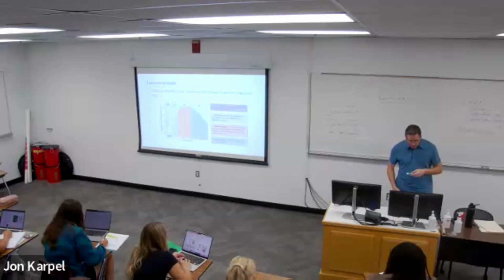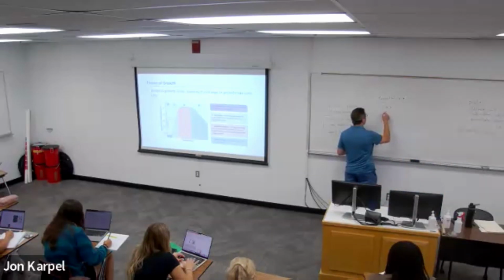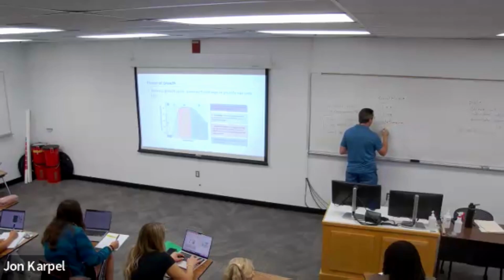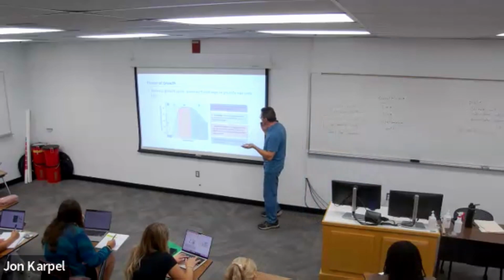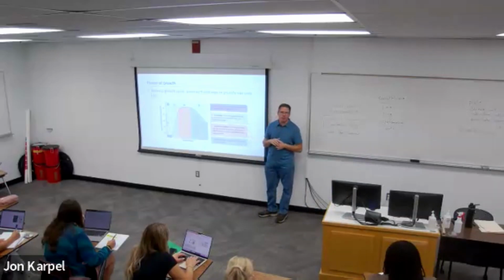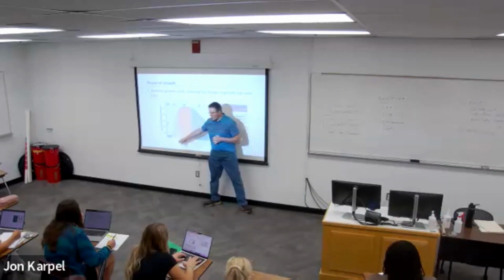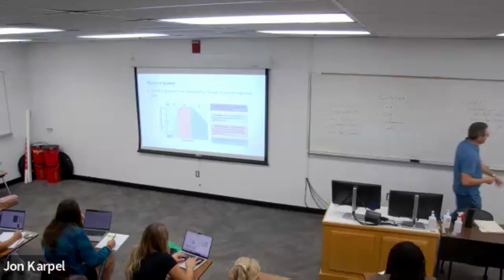Okay. What are the phases of growth? So you have the lag phase, the log phase, and then you have stationary, and then the death phase. Okay. And this applies to any type of bacteria growing, whether it's liquid or solid. So the lag phase, see at the beginning, there's really not that much of a difference in the growth number.